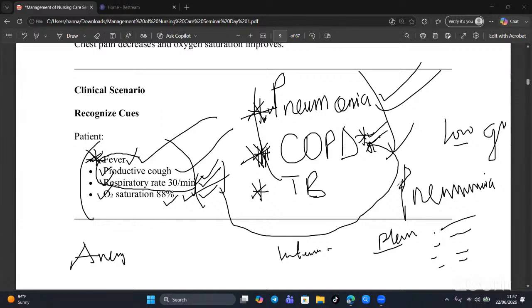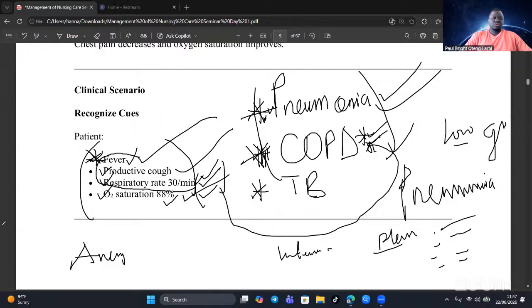So I need all these people. So we call it collaborative intervention. If you look at these three angles, you are done with this condition. Then after the intervention, you come and evaluate the care to know that the fever is gone, productive cough is gone, respiratory rate has come back to normal, oxygen saturation has increased.